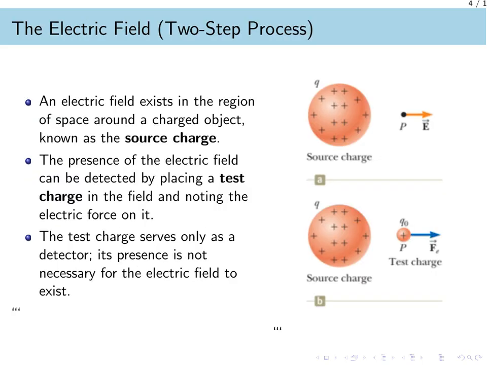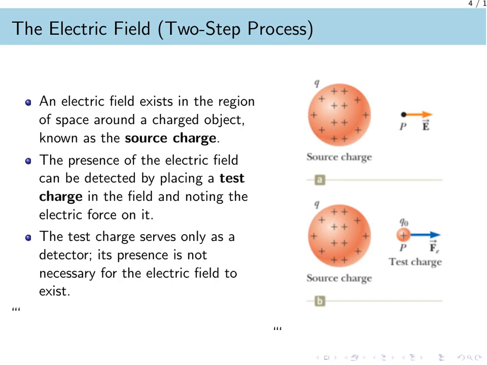This slide illustrates the two-step process for field forces. On the left side of the figure, we see a positively charged object, referred to as the source charge. This source charge establishes an electric field in the space around it.